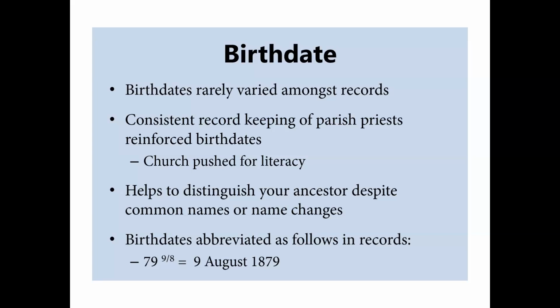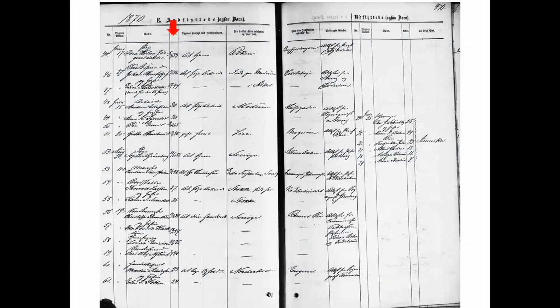And again, the birth dates are abbreviated in kind of a funny way with fractions. So if we look here, 79, 9 over 8, it's just August 9th, 1879. And if we go to the slide here, this is a moving-in record. So these are all the folks moving into the parish in 1870.